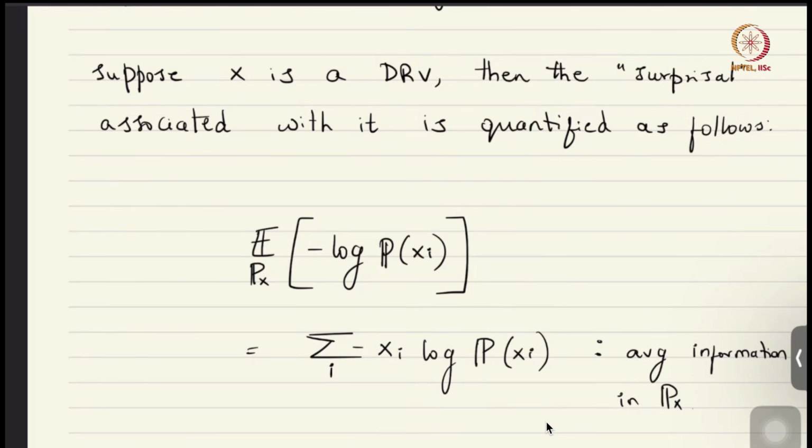I think I made a mistake, yeah, this should be p of xi, sorry. This is because expectation of a function of a random variable with respect to a distribution px is given by sum of px times fx, correct, for all x. This is the definition.